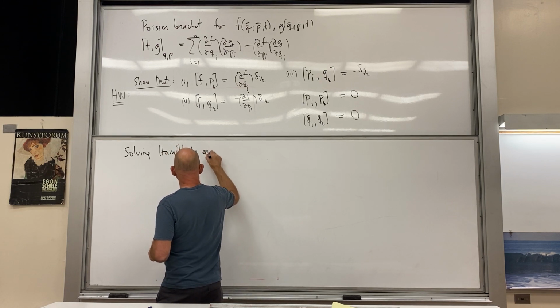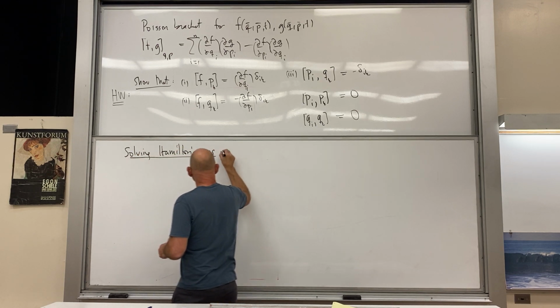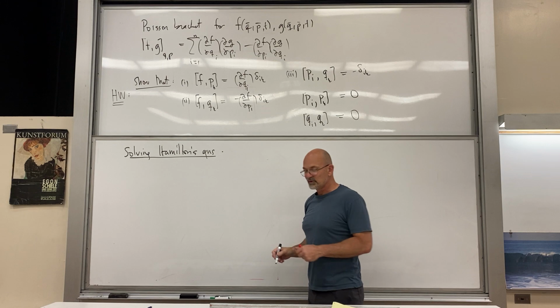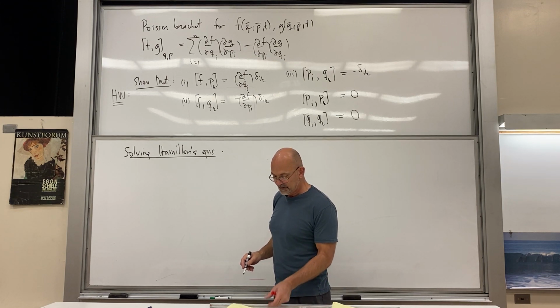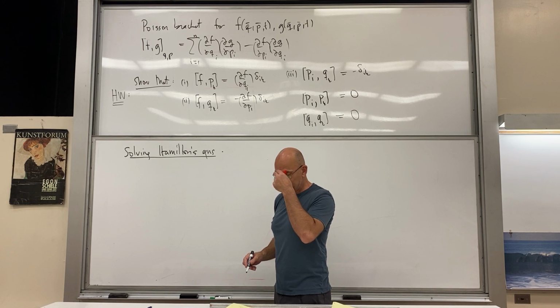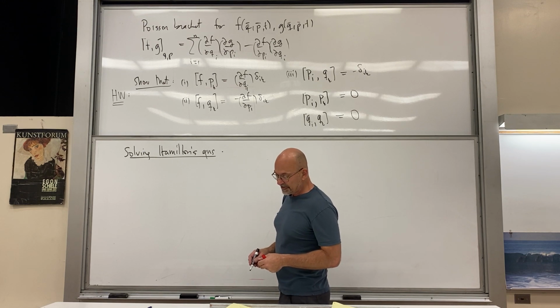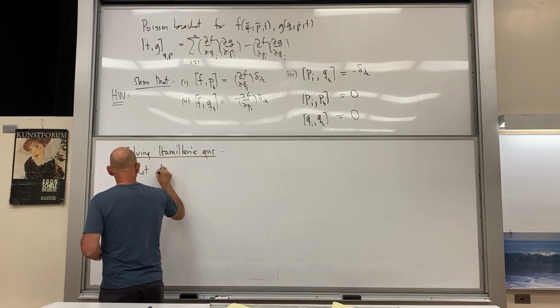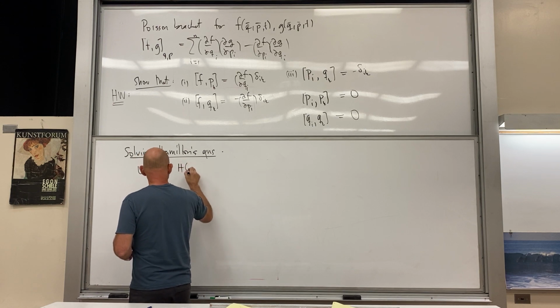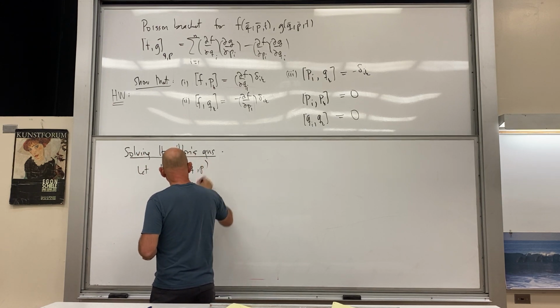Solving Hamilton's equation. Well, we're just going to solve it for a really simple case, but we're using the Poisson brackets, so that's of interest. So let H equal H(q, p).